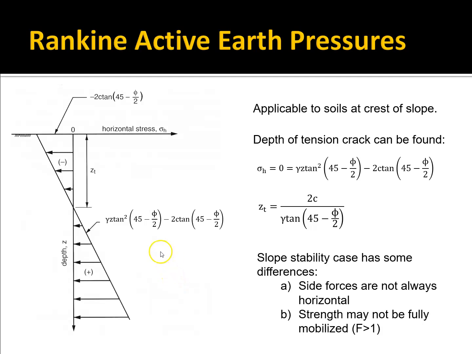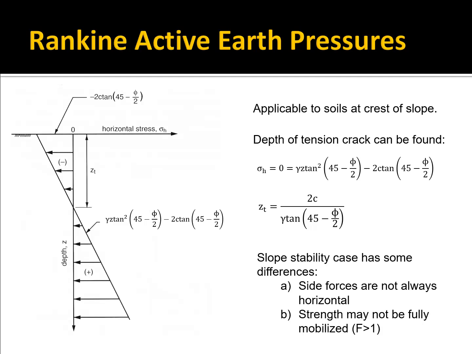The value of the horizontal stress versus depth is represented by this equation: gamma z tan squared(45 minus phi over 2) minus 2c tan(45 minus phi over 2).